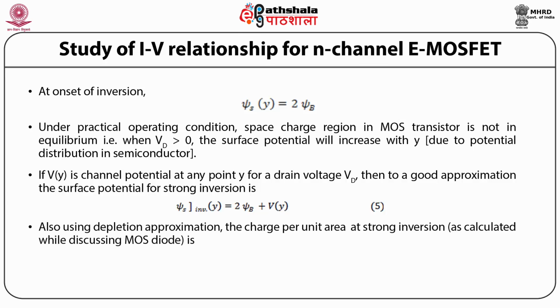Also using the depletion approximation, the charge per unit area at strong inversion, as calculated while discussing a MOS diode, is QSC as a function of y equal to minus QNAWM, approximately equal to minus root of 2 epsilon s q NA multiplied by Vy plus 2 psi b.